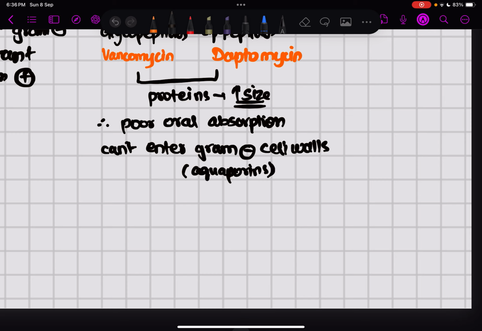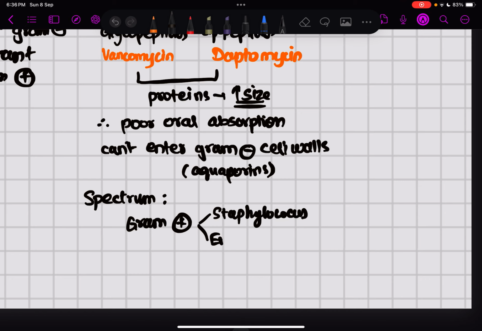They are very small, and the large proteins cannot pass through. Hence, the spectrum of these antimicrobials is only gram positive organisms like Staphylococcus and Enterococcus.